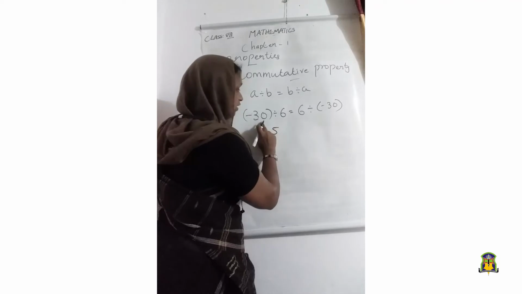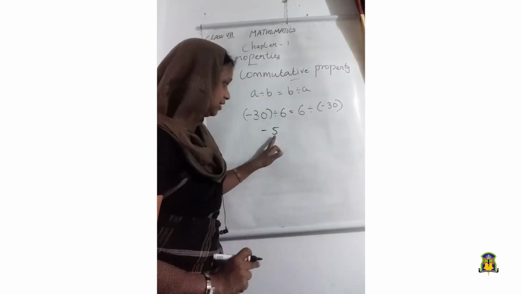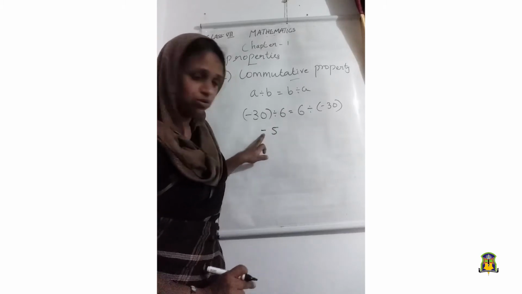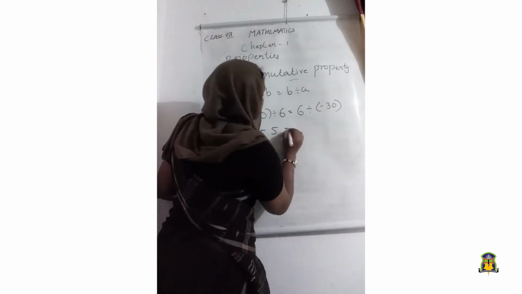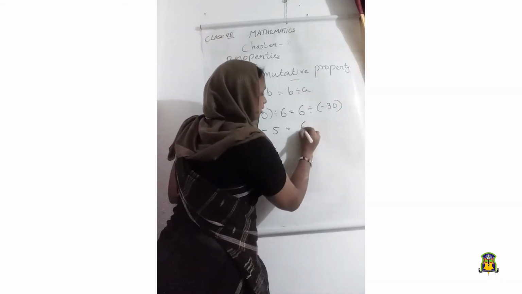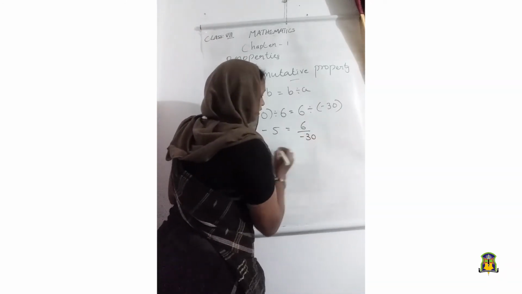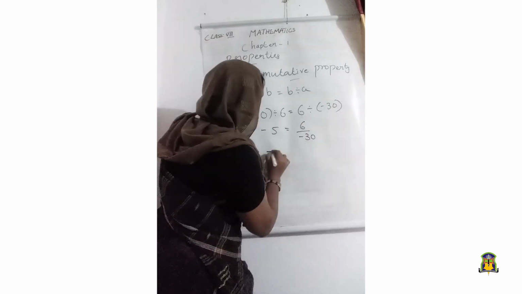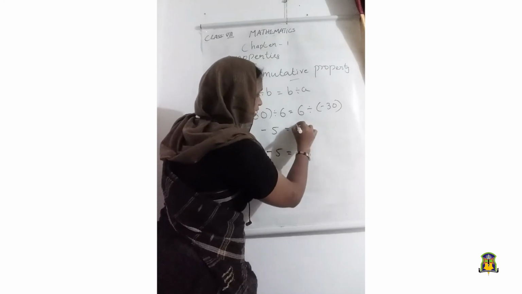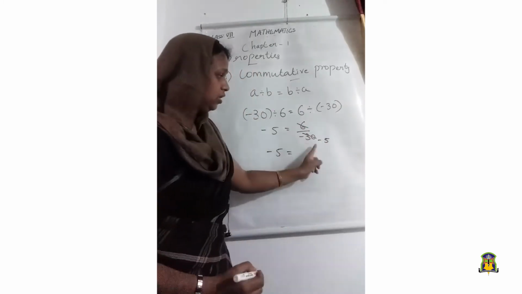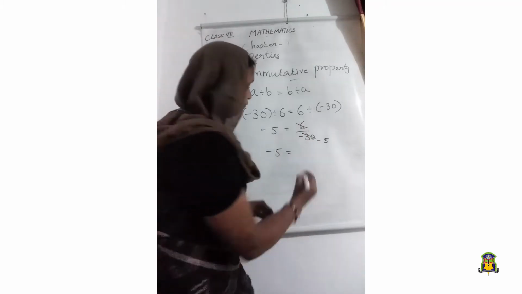First divide 30 by 6, the answer is 5. Then one negative integer, one positive integer, the sign will be negative. Which is compared with 6 divided by negative 30. 6 divided by negative 30, we can write in short form, then we cancel it, and it is 1 by negative 5. That means here also it is not satisfied. Even if we didn't cancel, no problem, 6 by negative 30 is not equal to negative 5.